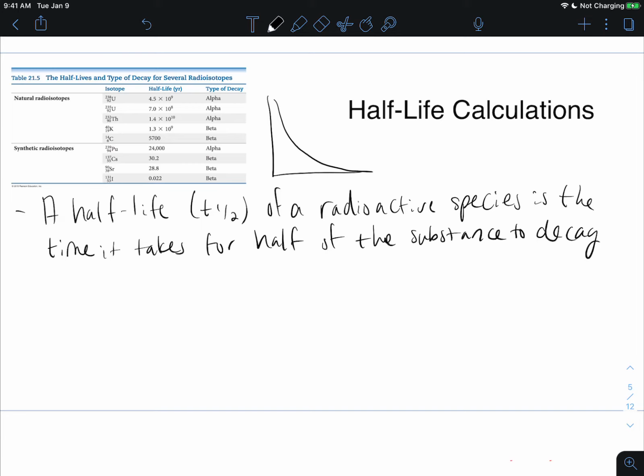Okay, so it's not going to be a linear relationship here, which is one of the reasons why nuclear waste is so hard to get rid of, because it doesn't just decay and become stable in a linear fashion. Okay, so as a note, the half-life is independent of amount of sample, temperature, or pressure.